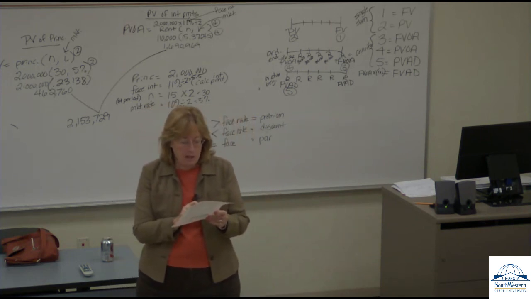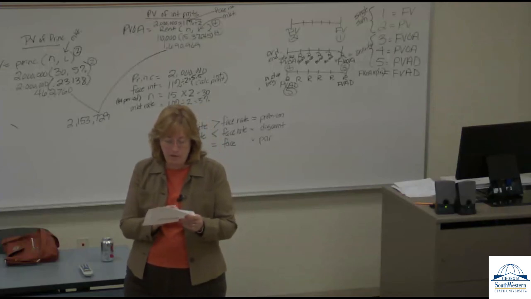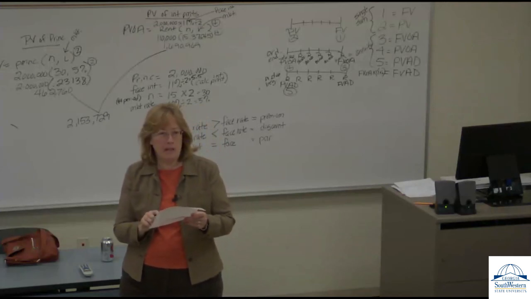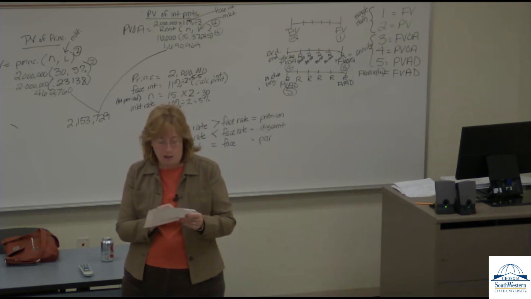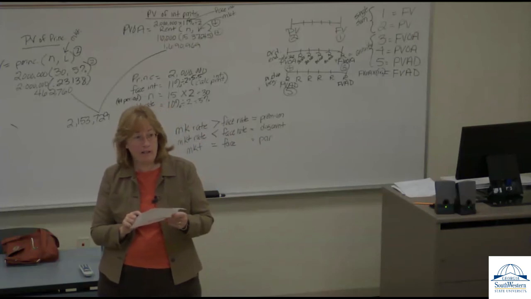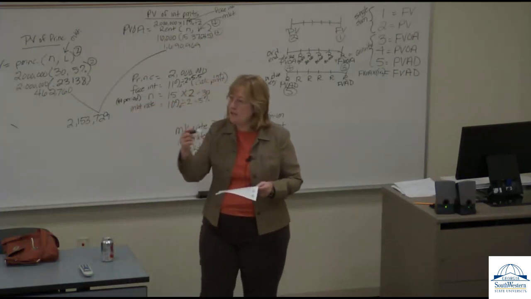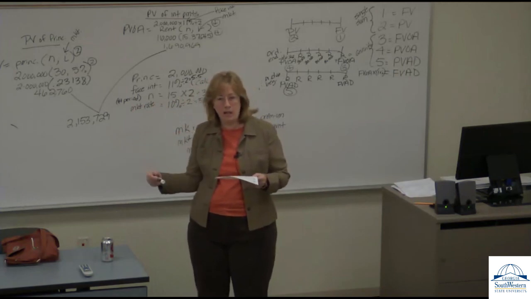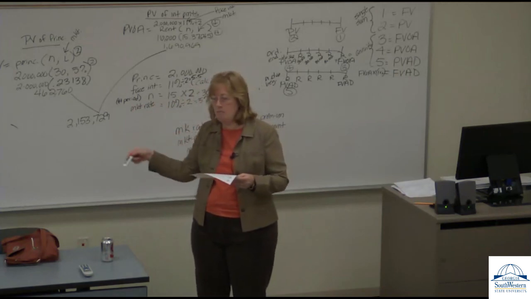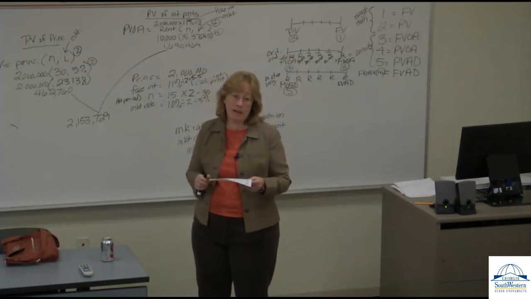And then they want you to say, what would you pay if you wanted to earn a yield of 8%, 10%, or 12%? You should be able to tell me which one of these is going to be a premium, a discount, or a par, right? Then you could work those out. That would be 3 problems, a discount, a par, and a premium, and that would be a lot of practice on a bond problem.